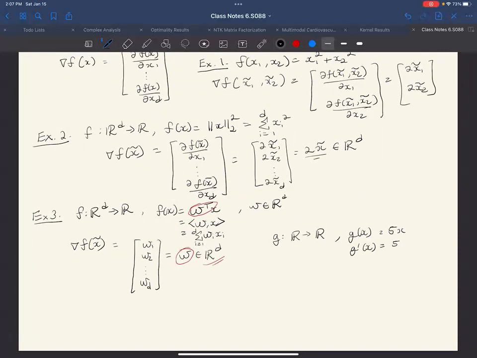But the main thing that I would need you to do, and this is the exercise that's required in problem set 1, is if I have a function that looks something like the norm of wx minus y squared, where here x is some d by n matrix, y is a 1 by n vector, and w is a 1 by d matrix, I would ask you to compute the gradient of f of w, since this function is parameterized in terms of w. So at any point w tilde, I would need to know the gradient. And keep in mind, this will be a 1 by d dimensional vector.